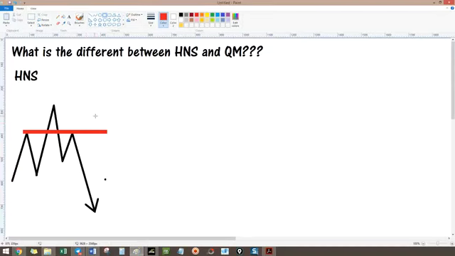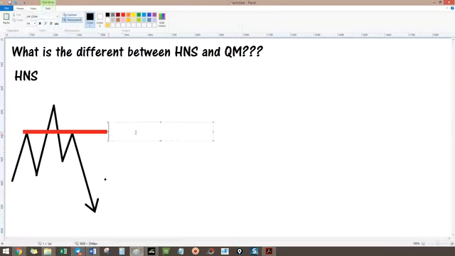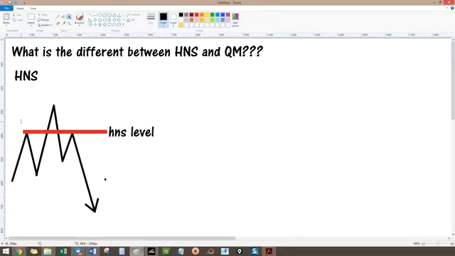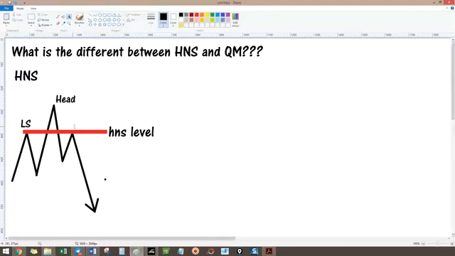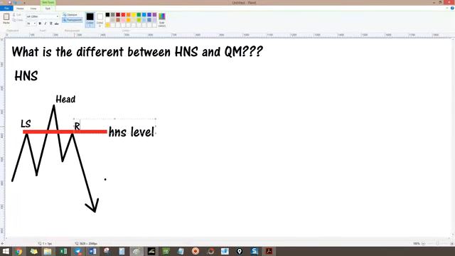Okay. As level, you got a left shoulder LS, head, and right shoulder.